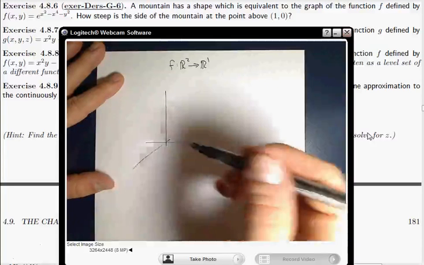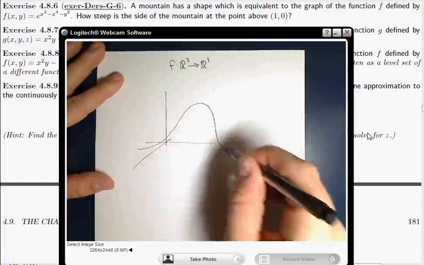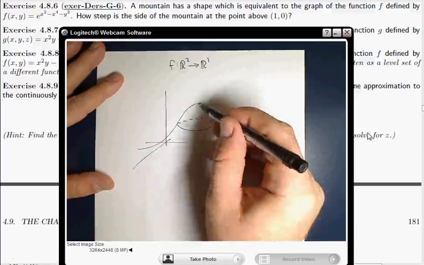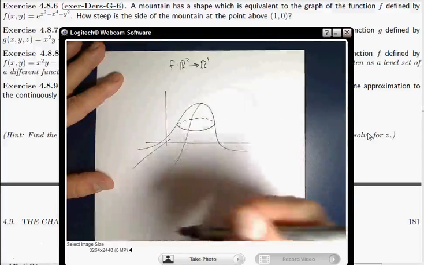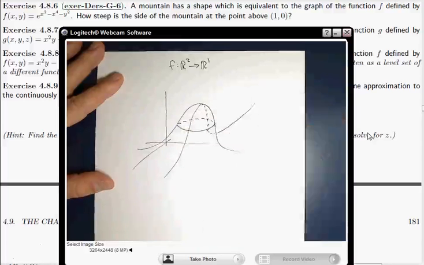I'm not going to draw this super well. I claim it's sort of a little hill like that.